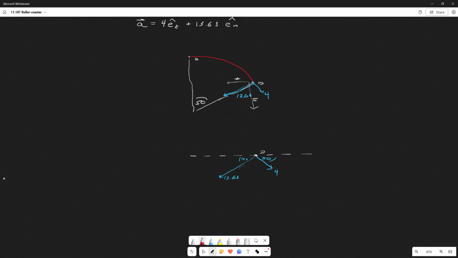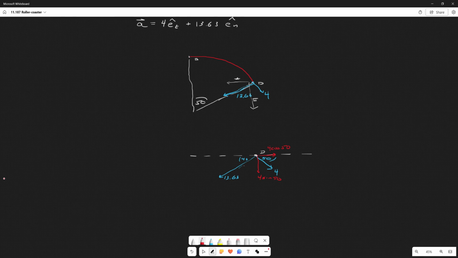For each of these vectors, I want to decompose it into the x and y component. So for example, let me start with the transverse, which is the one that has a magnitude of 4. This will have an x component that is 4 times the cosine of 50, and it's going to have a vertical component, which is pointing down, which is 4 times the sine of 50.